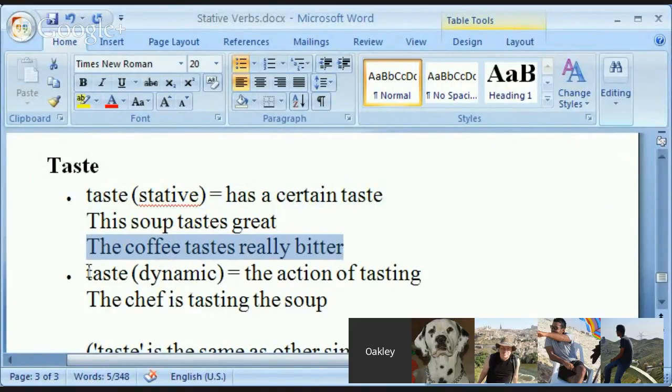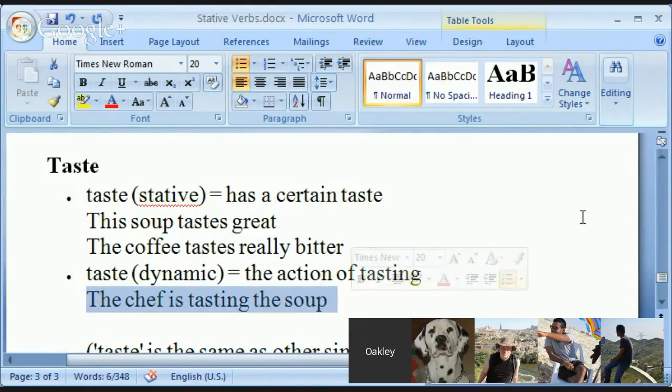If you're talking about the action, the chef moving the spoon from the bowl up to his mouth and putting it in his mouth, that is obviously an action. His arm and spoon are moving, so the chef is tasting the soup. Obviously a dynamic action which involves actual physical movement.